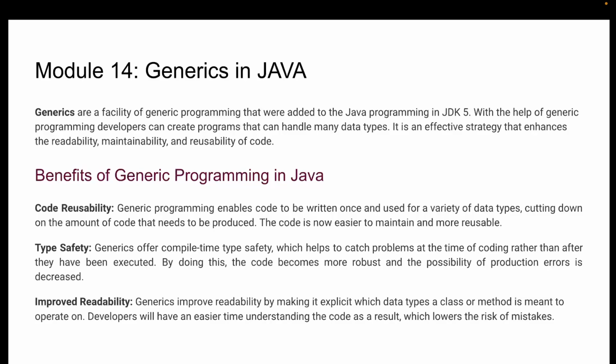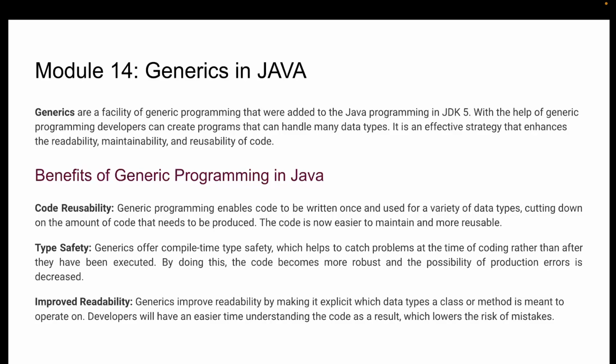So this is an effective strategy that enhances the readability, maintainability, and reusability of the code. You are trying to use the same code to handle a lot of data types, meaning your code is being reused.